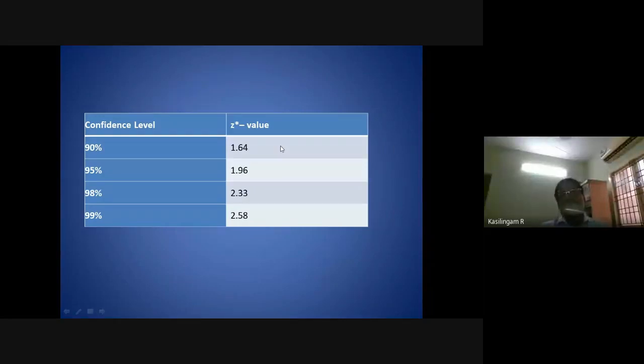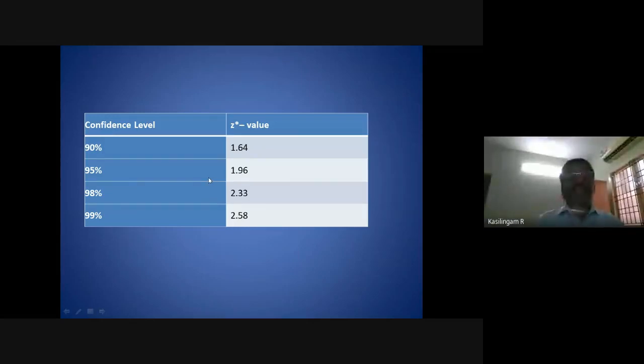Now, look at these values. At 90% level of confidence, my Z value is 1.64. At 95%, it is 1.96. At 98%, 2.33. At 99%, 2.58. Let me write the significance values here, which I have not written.